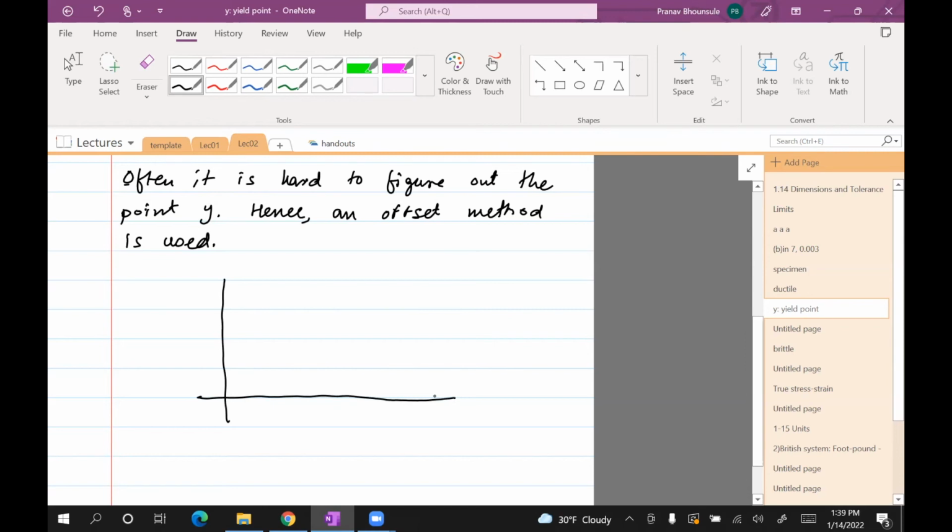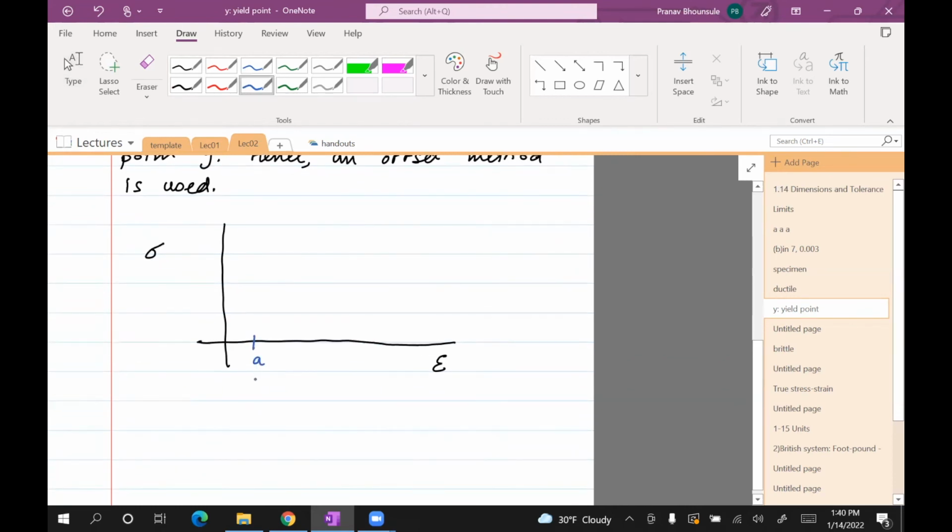Okay, so this is the strain. This is the stress. What is done is we find a point A, and we fix what this point A is going to be. It's typically chosen to be 0.2% strain, which is equal to 0.002. Right? So 0.2%, you have to divide by 100 to get the actual strain.